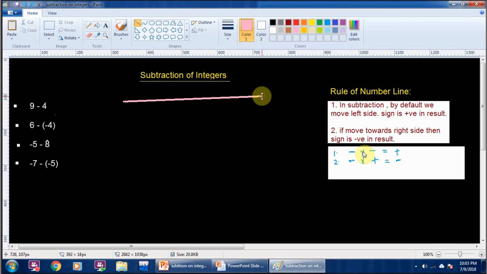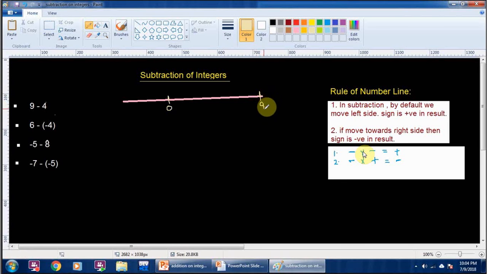My first example is I have to subtract 4 from 9. As we know, in integers, we have positive integers as well as negative integers. This is my 0, and on the right side there will be positive integers.